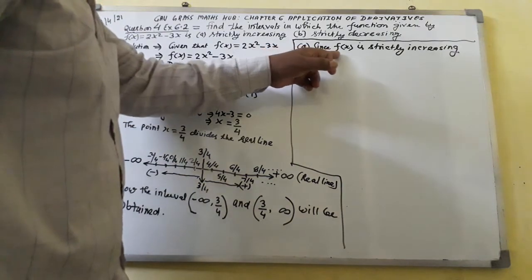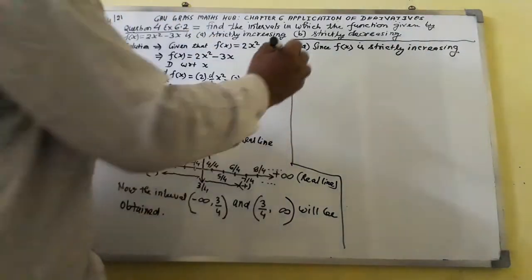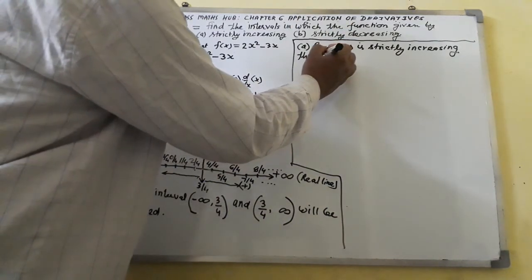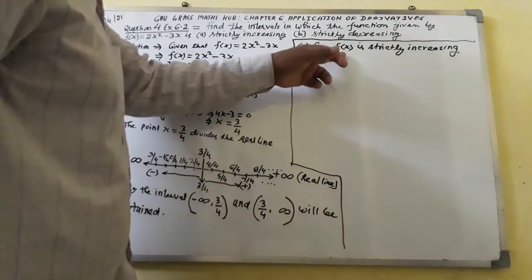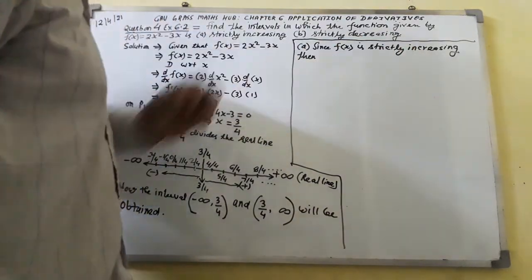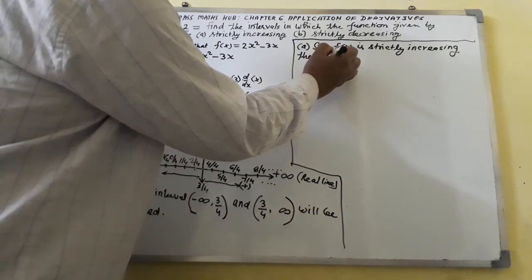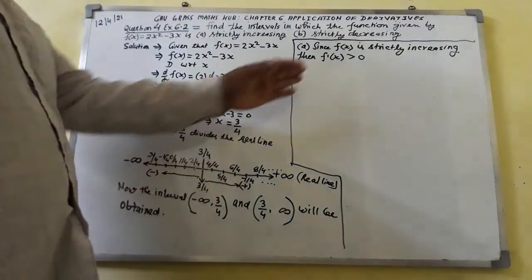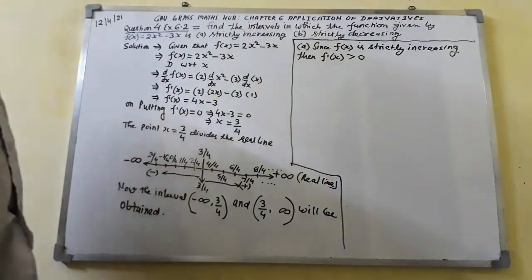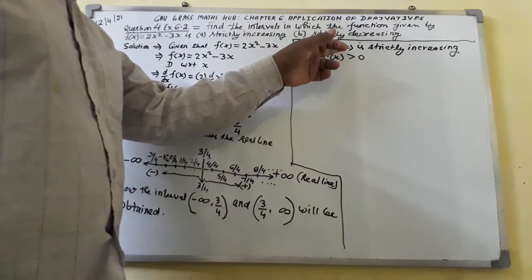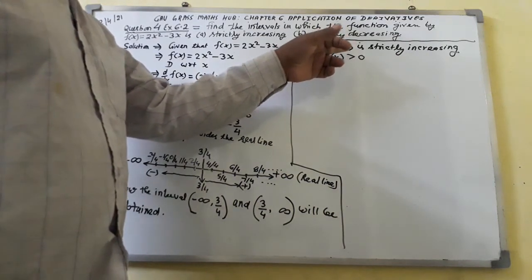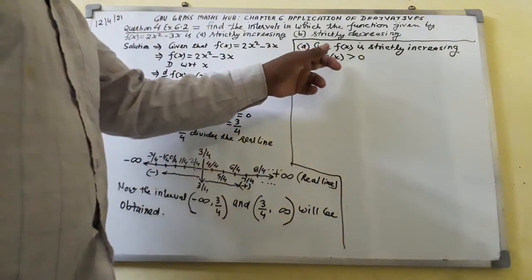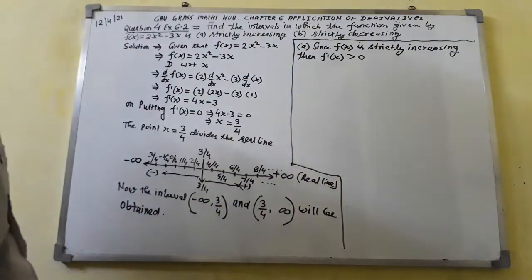Since f of x is strictly increasing, then the formula, the theorem is there: f dash of x will be greater than 0. This is the theorem you must remember. When f of x is a function that is strictly increasing, then f dash of x will be greater than 0.